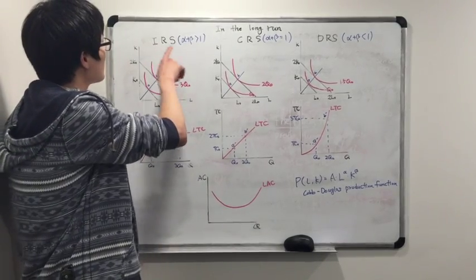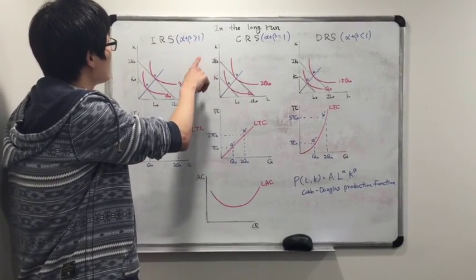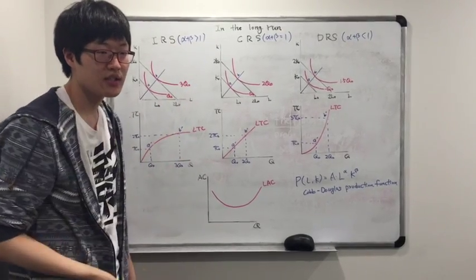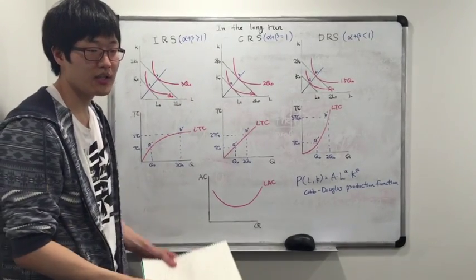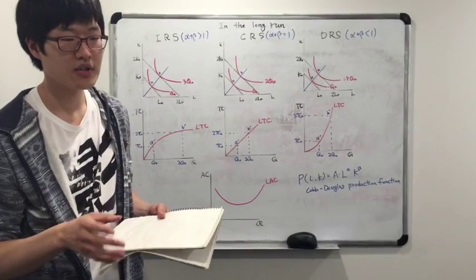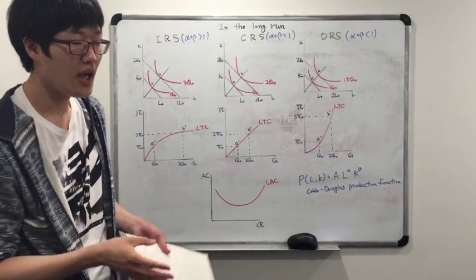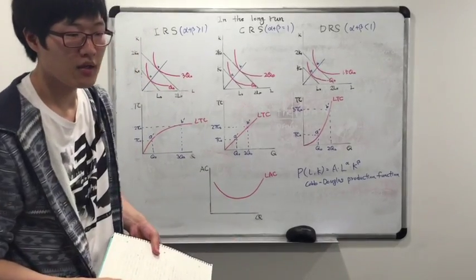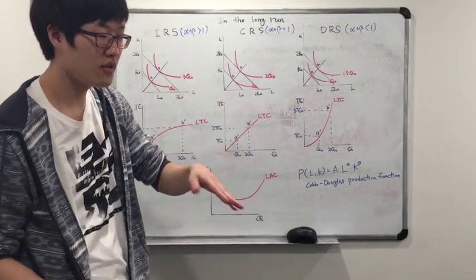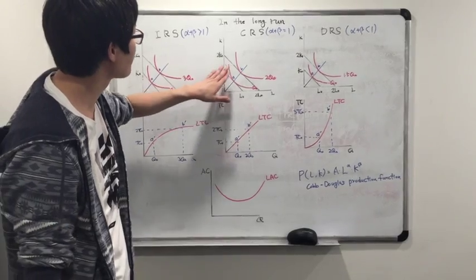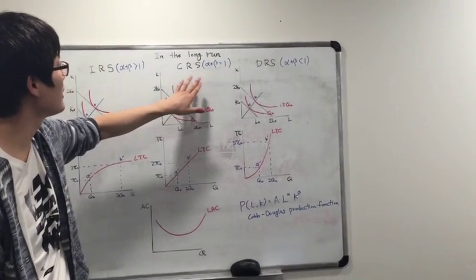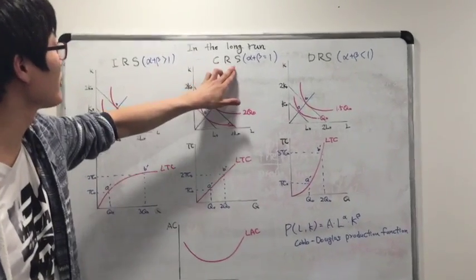When alpha plus beta is more than 1, it is called increasing returns to scale. In this case, when labor and capital increase, production increases more than the input. Therefore, average cost decreases. When alpha plus beta is 1, it is called constant returns to scale.